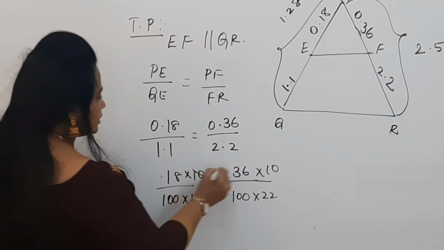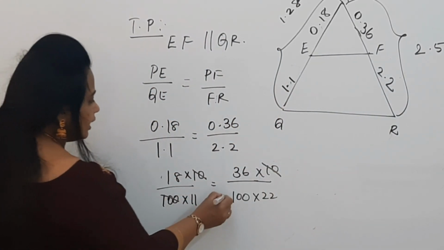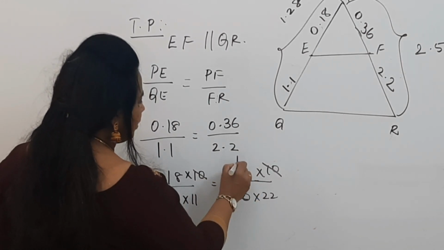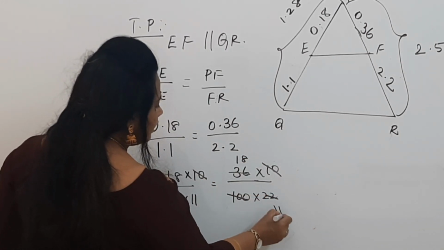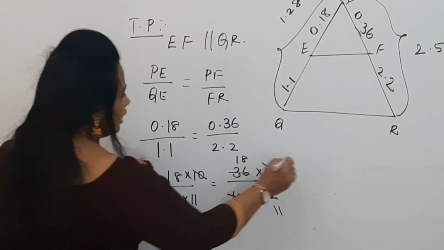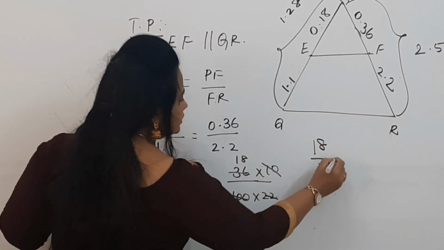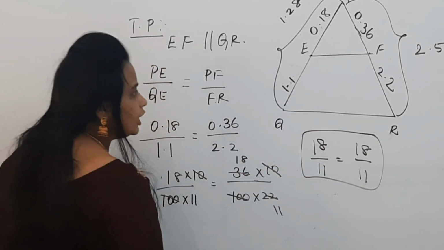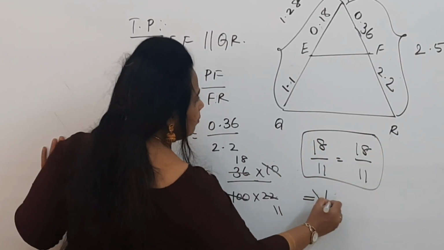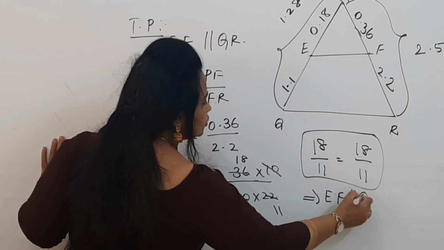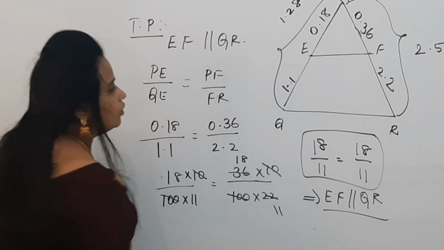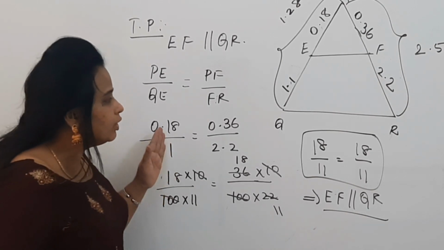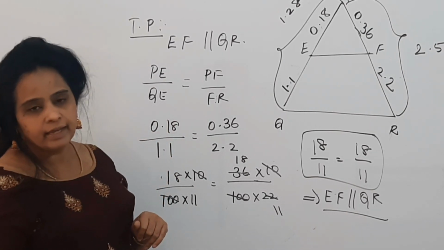So I know this 10 gets cancelled, this 100 gets cancelled. So now I can cancel it by 2. 18 2s are 36, 11 2s are 22. That means 18 by 11 is equal to again 18 by 11. The ratios are equal. That implies my EF is parallel to QR. So hence I checked EF is parallel to QR because the ratios are equal.